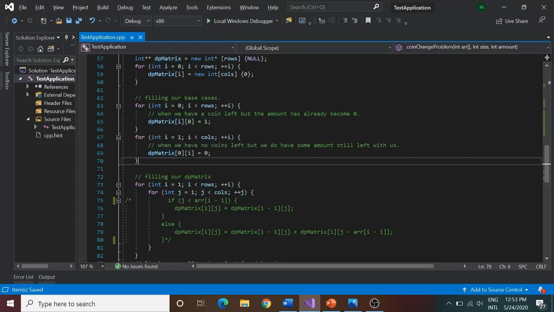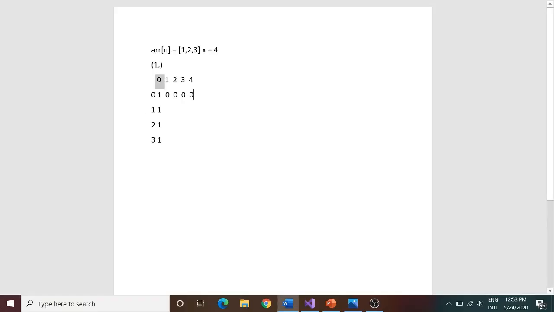Now what about this base case? This base case says that I am at 0th row but first column, 0th row second column, 0th row third column, 0th row fourth column. So what was the answer to my 0th row? My answer to 0th row was 0. Again, we have discussed it previously: why the answer to my 0th row is 0 and why the answer to my 0th column is 1.